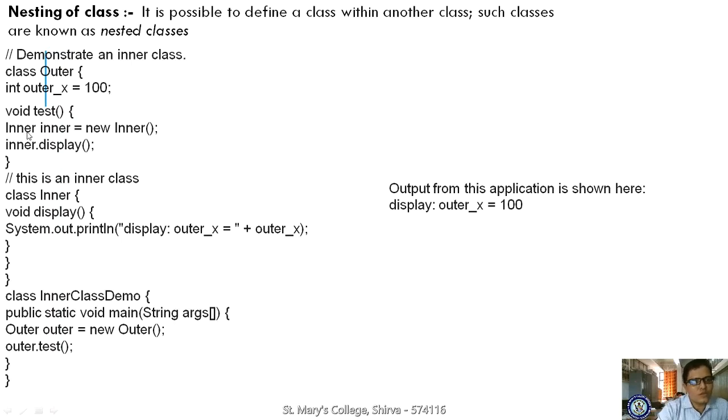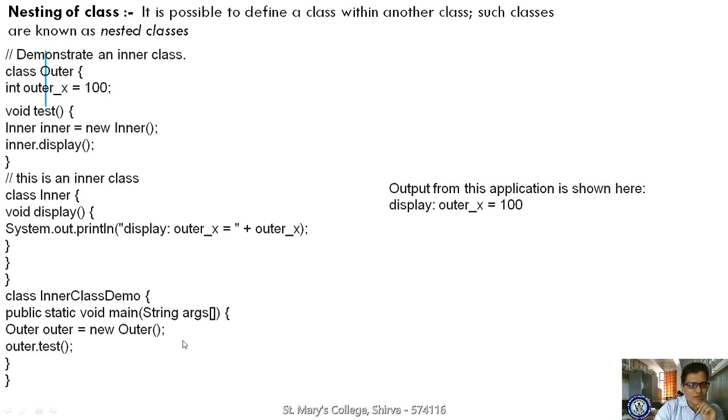So what is our concept? Class within class is called a nested class. Afterwards we are defining one more class. Do class Outer and class Inner contain a main method? No, right? So in the same program I am writing class InnerClassDemo. In that we are defining the main method. Public static void main(String args[]) is the main method, and I am creating the object of the outer class. The name of the object is outer.